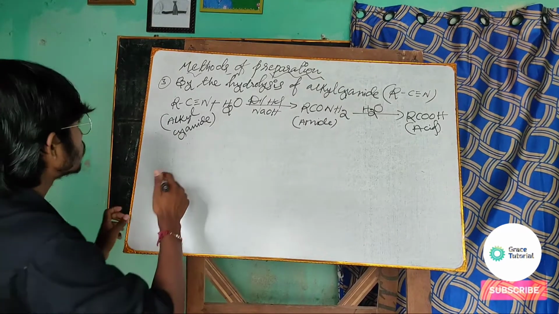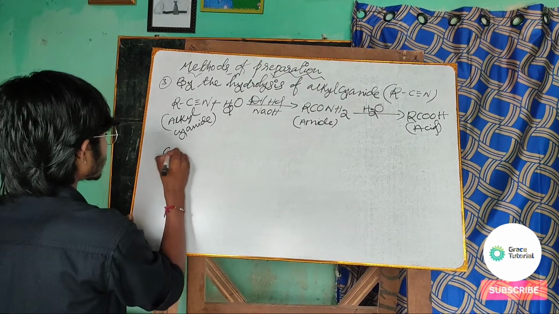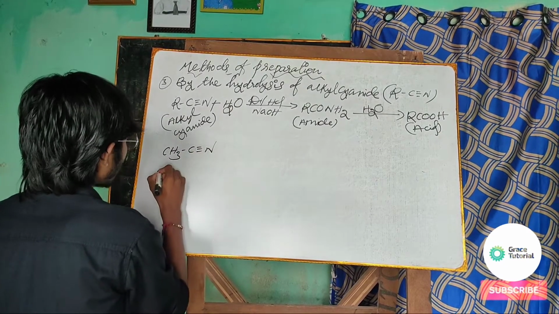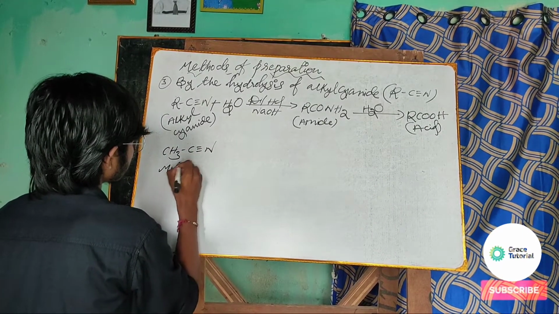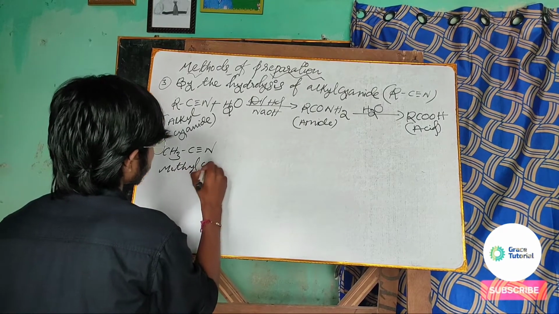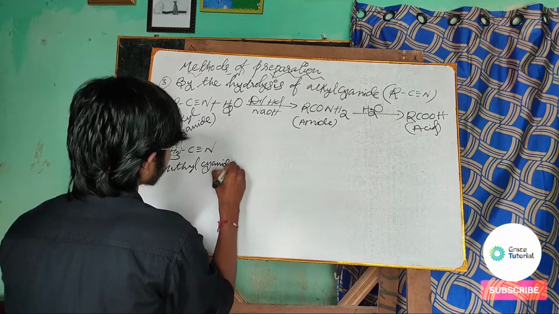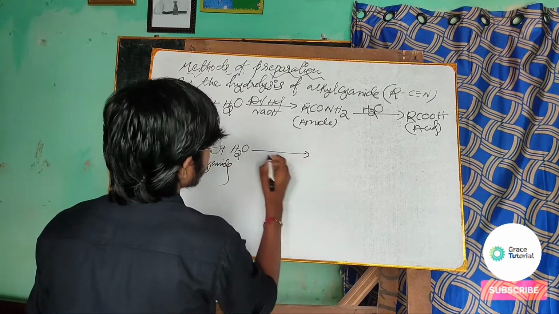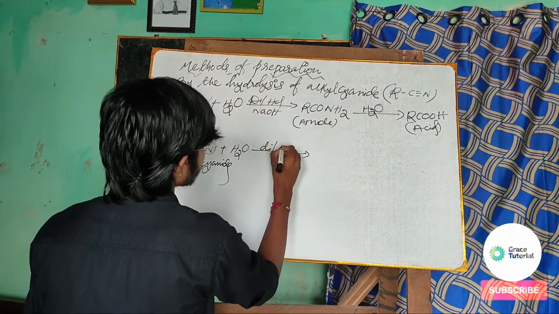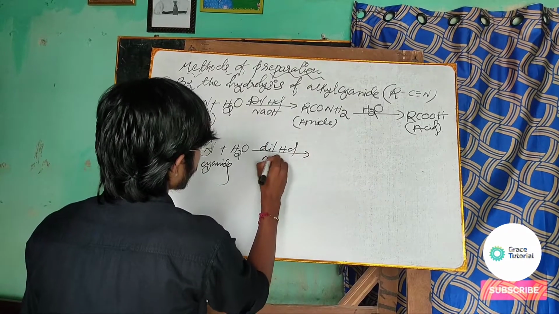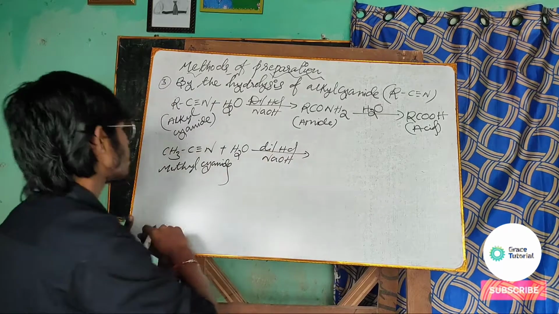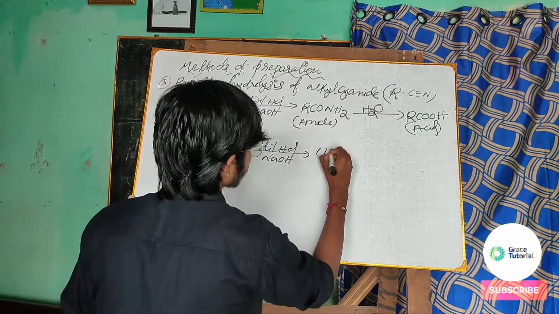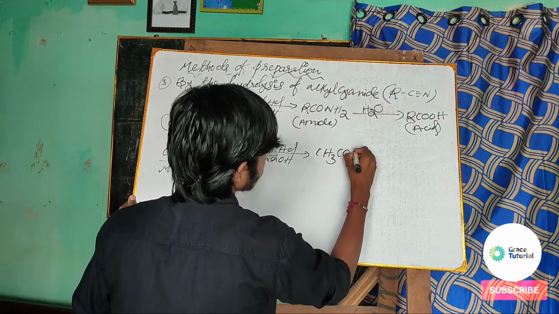Now let us take the specific example. CH3CN, this is methyl cyanide. When this methyl cyanide gets hydrolyzed in the presence of dilute hydrochloric acid, or aqueous solution of potassium hydroxide, then we get CH3CONH2.